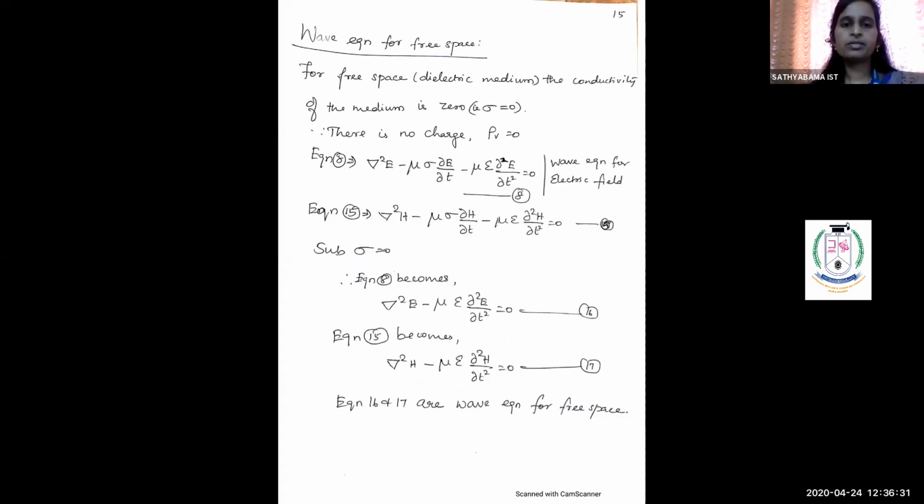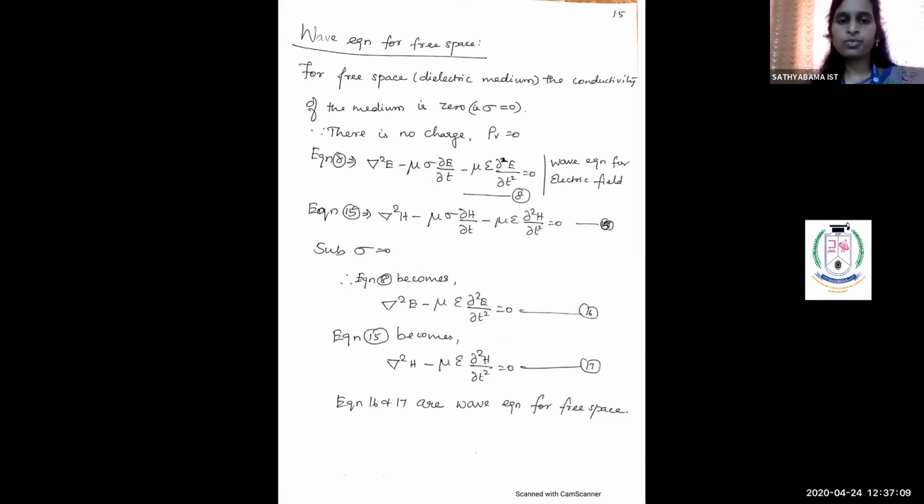In free space, sigma value is 0 and rho v is equal to 0, as we have seen already. So our equation 8, which is the wave equation for electric field, is del square E minus mu sigma dou E by dou t minus mu epsilon dou square E by dou t square is equal to 0. That is our 8th equation. And our 15th equation, the wave equation for magnetic field, is del square H minus mu sigma dou H by dou t minus mu epsilon dou square H by dou t square is equal to 0.